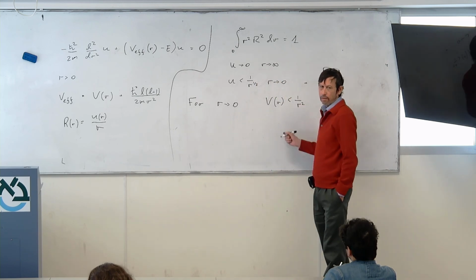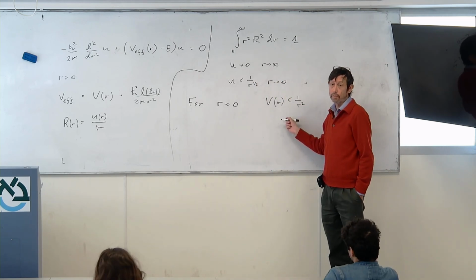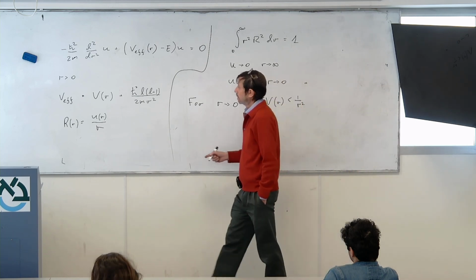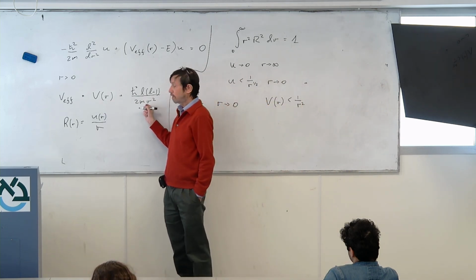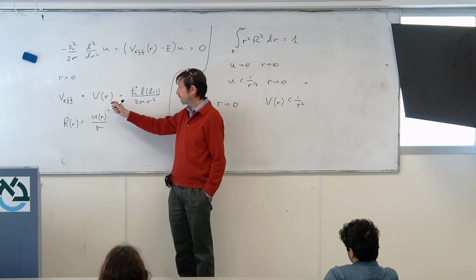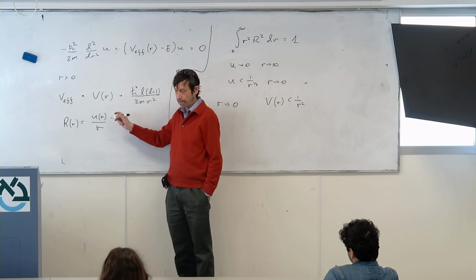If V(r) diverges slower than 1 over r squared, this term is much more important, closer to 0, than this part.